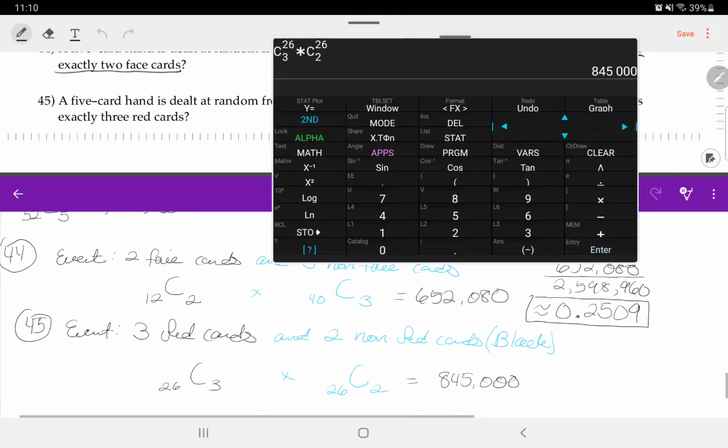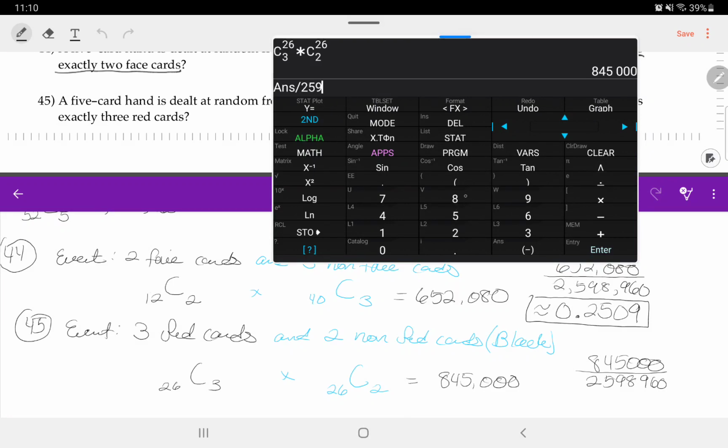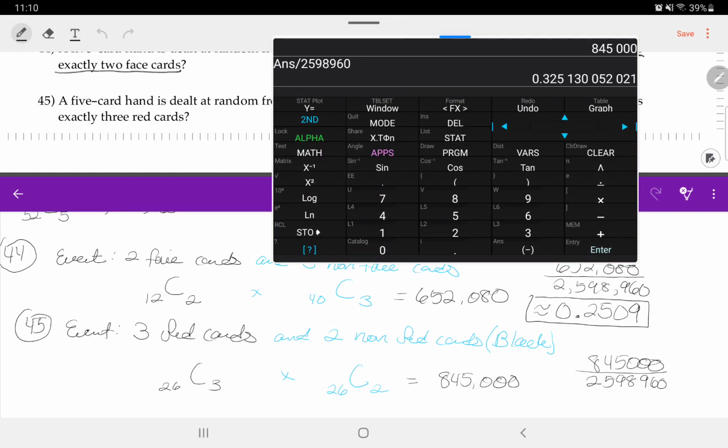Therefore, the final probability of having exactly 3 red cards is going to be 845,000 divided by 2,598,960. I'll take 3 numbers after the decimal in this case. So 0.325.